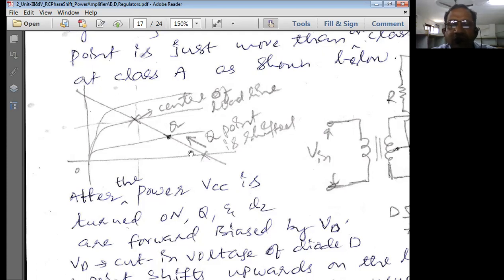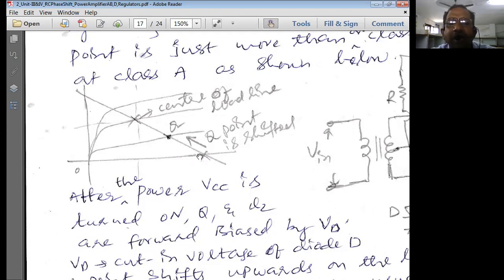If the Q point is on the zero axis, it is known as a class B push-pull power amplifier. When the Q point is just above zero, and we know that the Q point is going to lie on the AC load line 100%. So therefore, the Q point is nothing but the operating point we adjust at the operating conditions.